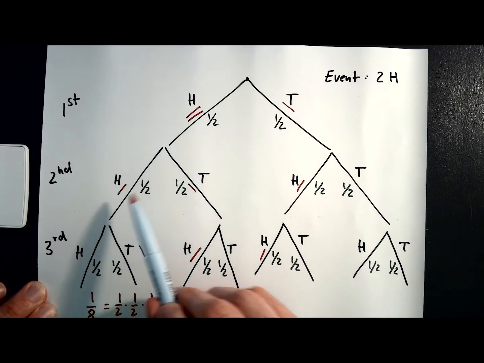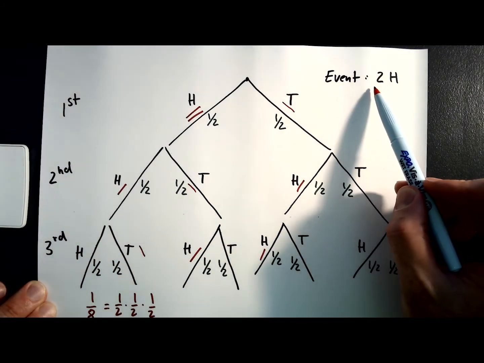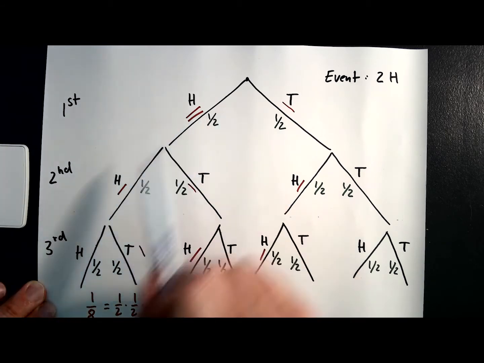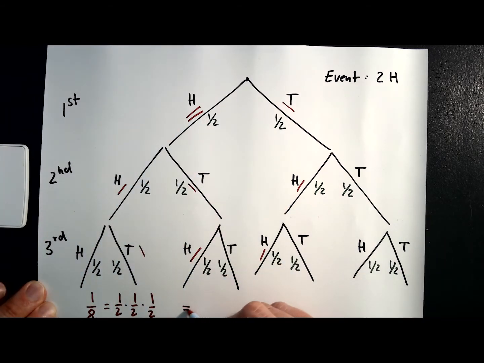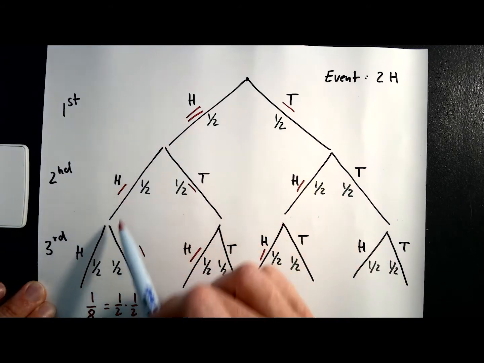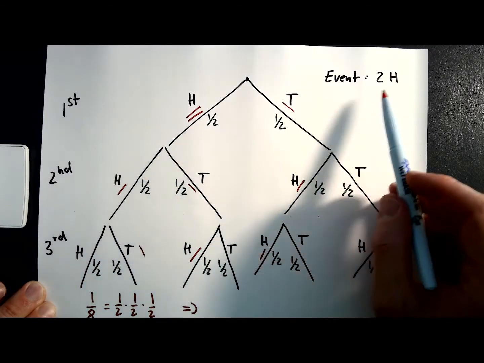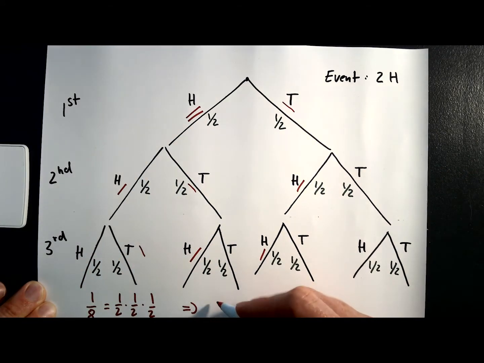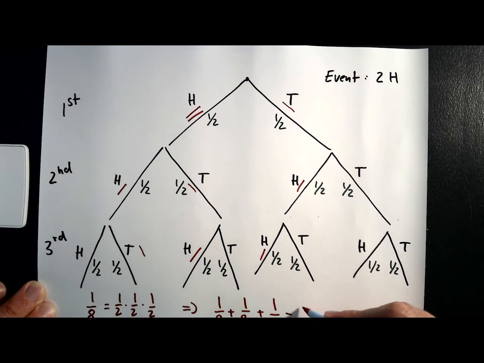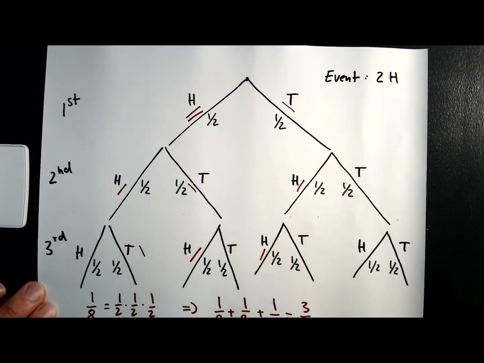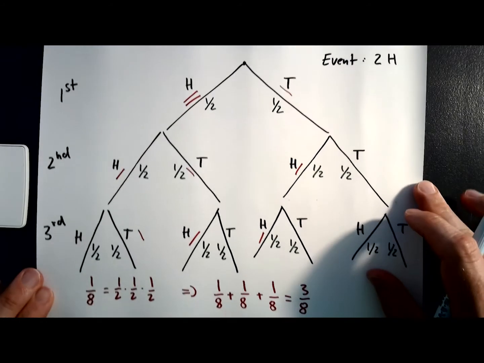But note that we have 3 paths where you are getting 2 heads, and you have to add the different paths to get the probability. So each path has a probability of 1/8. There are 3 paths for obtaining 2 heads, and hence it is 1 over 8 plus 1 over 8 plus 1 over 8, which is 3/8. This is an alternative way of calculating probabilities.